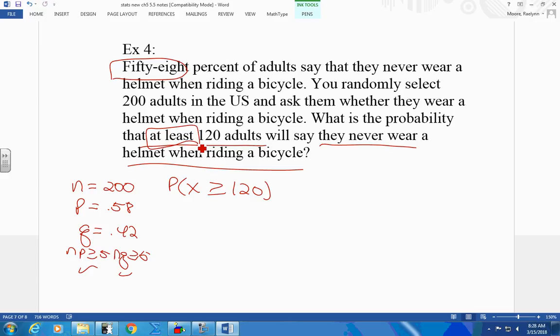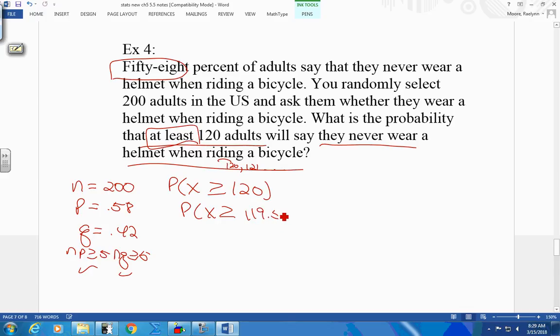So now correct this for continuity. So what are you going to start with? What number? So 119.5. So you're going to start with 120. Keep on going. So Lily says, drop this guy.